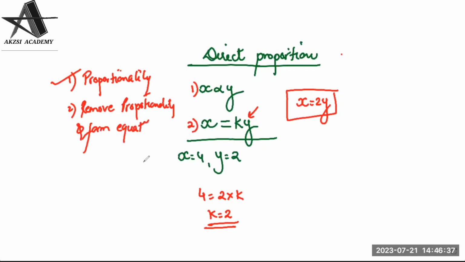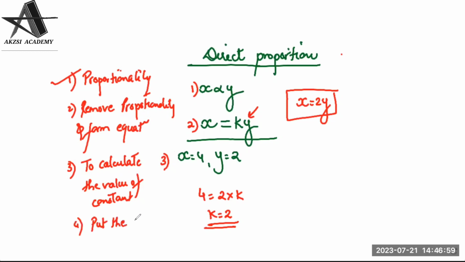Third step is to calculate the value of the constant. But for that, we should know the values of the variables. And fourth is put the value of the constant to find the equation. We have to follow all four of these steps to come to this final conclusion.